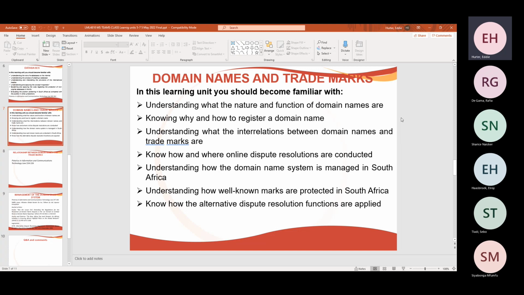And the registries then appoint registrars which handle the registration of domain names in a particular jurisdiction. Now, if you register a domain name, then you are obliged to sign a contract. And part of that contract is that you will submit to an alternative dispute resolution procedure if there's a domain name dispute in order to have that dispute resolved.